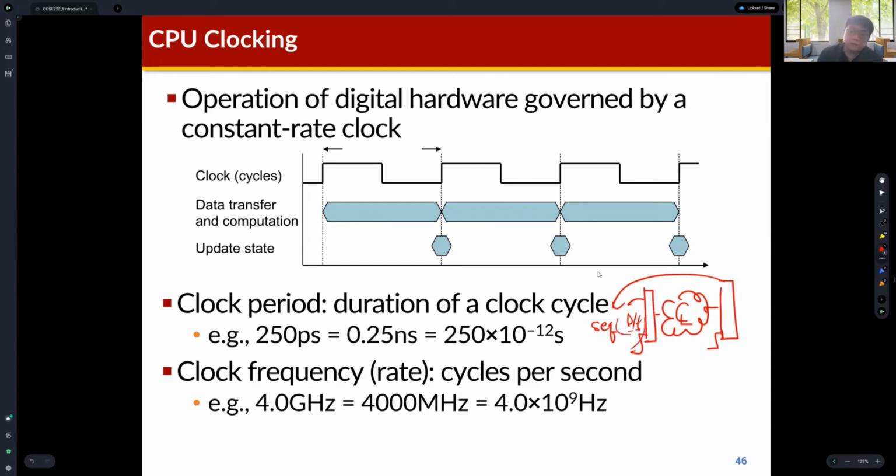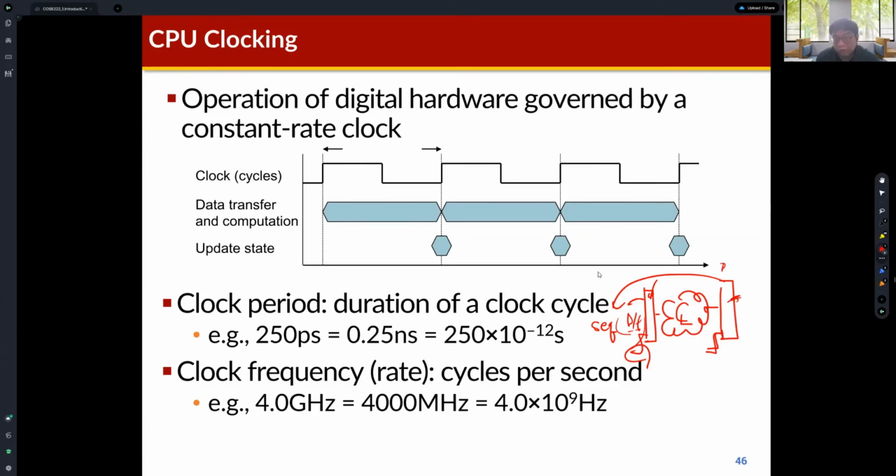The input signals for this combinational logic are sampled by the clock edge of the D flip-flop, and the output of the combinational logic is sampled by the next rising edge of the clock signal in the D flip-flop.